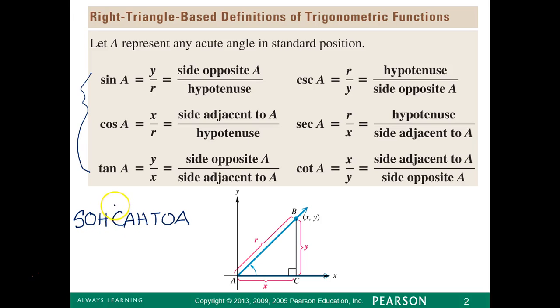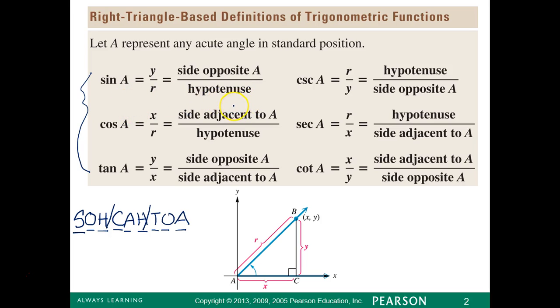And then you divide it up into threes like this. So this stands for sine of your angle is equal to opposite over hypotenuse. Cosine of your angle is equal to adjacent over hypotenuse. Tangent of your angle equals opposite over adjacent. So that's a good way to remember these first three sine, cosine, tangent definitions.